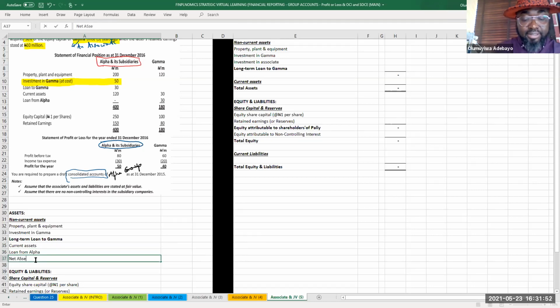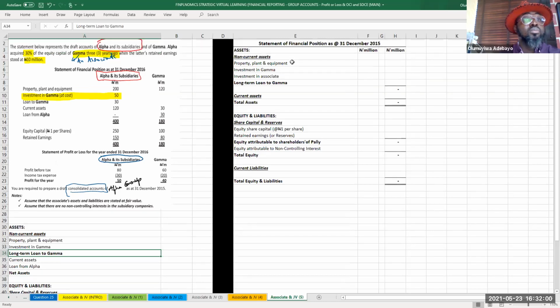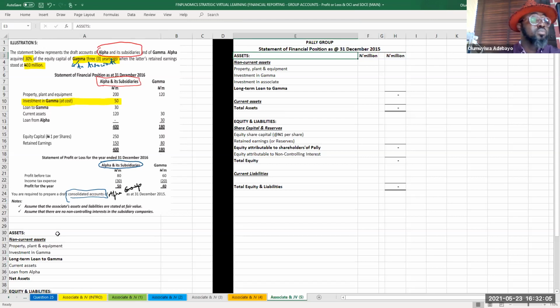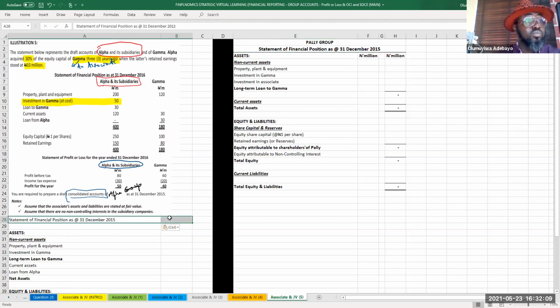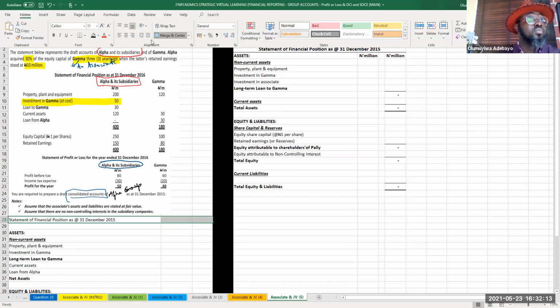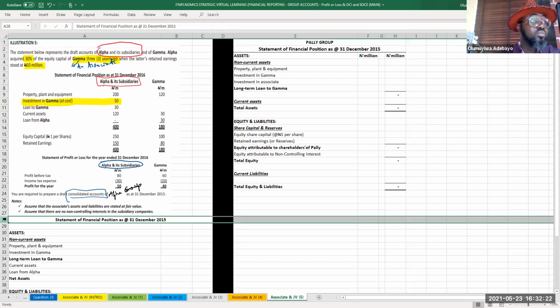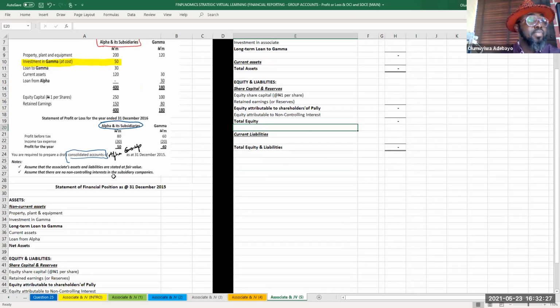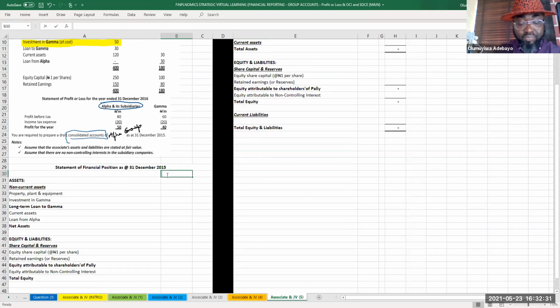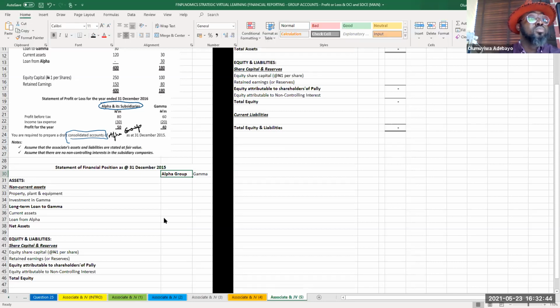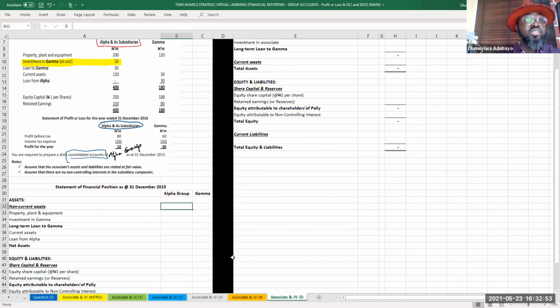That should give me my net assets. Okay, I have Alpha, and I have Gamma. All figures in millions.